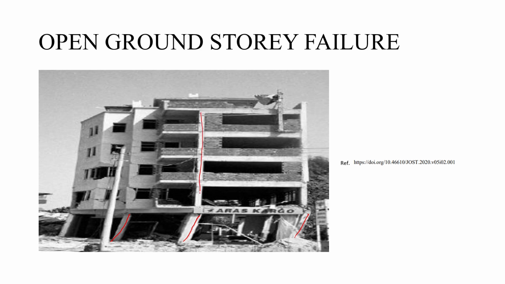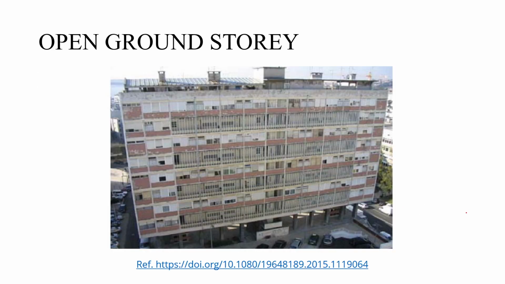Here you can see hardly any displacement and drift. This is why, as the story is open, it gets flexible, and because of flexibility it undergoes large displacement, and because of that our structure fails.